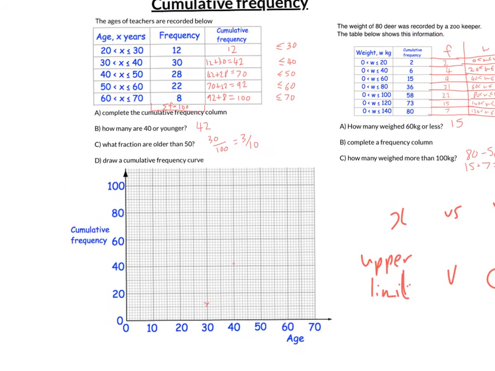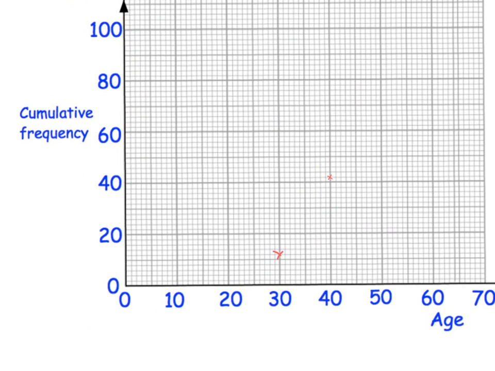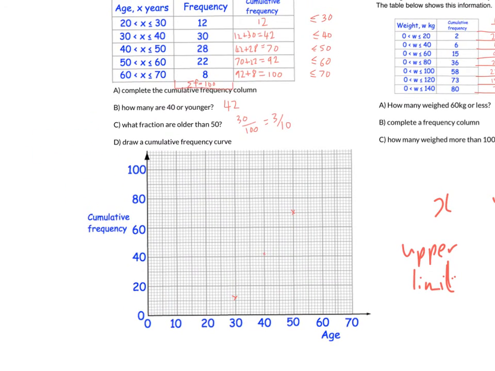The third one is 70 with an upper limit of 50. So 70, 50. 50 is the age and 70 is the cumulative frequency. The next one, upper limit is 60, cumulative frequency is 92.